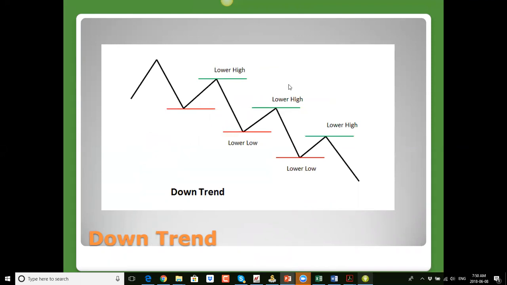Once we see this type of formation, and it won't look picture perfect when you're looking at the chart, right? It's easy to draw a very nice picture, but when we're looking at the charts, it won't look quite as perfect. But the important thing to keep in mind is the swing highs and swing lows. As long as they are flowing like this, then we'd have a downtrend.